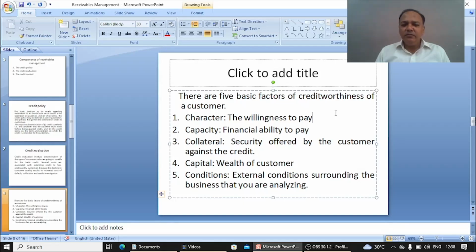Character means whenever we are giving credit to our customer, first of all, we have to check the character. Character means the willingness to pay. If a customer has the willingness to pay, then there is no problem for us to collect the fund in future.